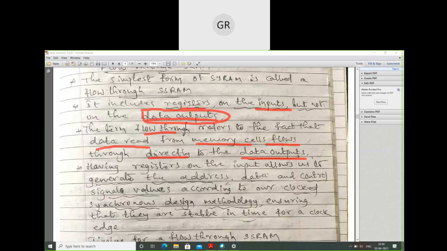Having registers on the input allows us to generate the address, data, and control signal values according to our clocked synchronous design methodology, ensuring that they are stable in time for a clock edge.